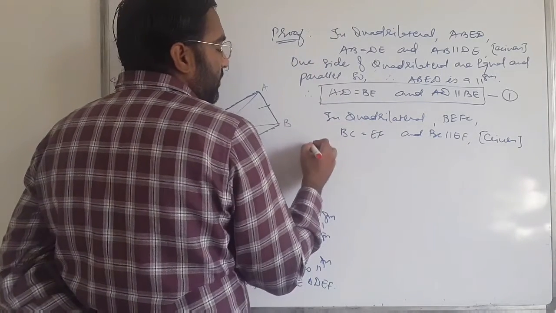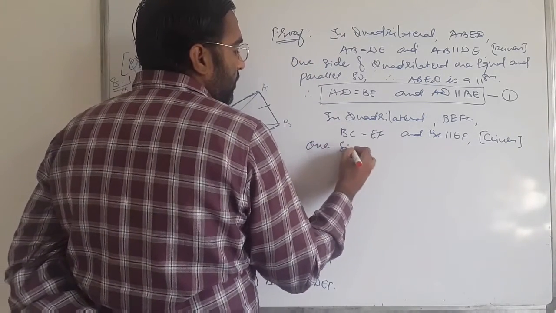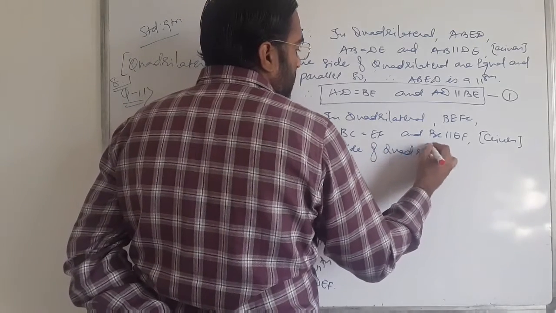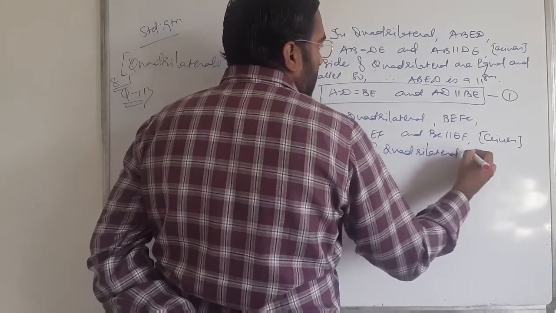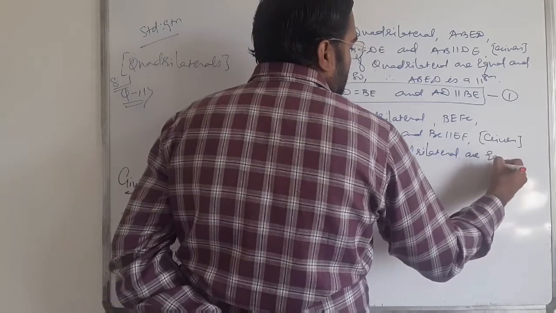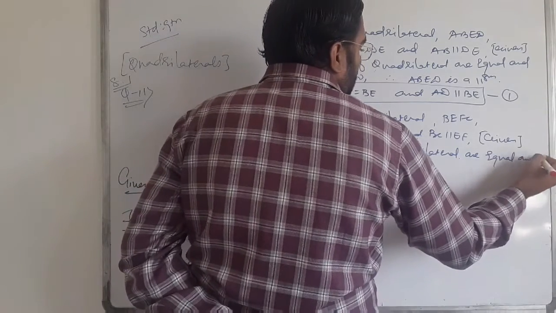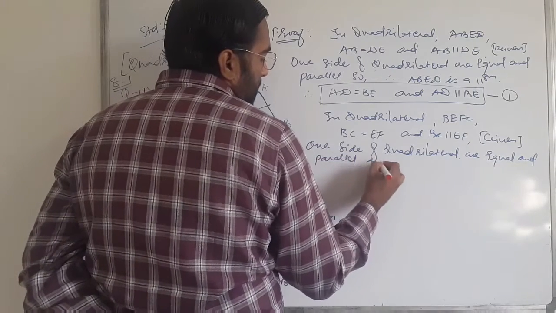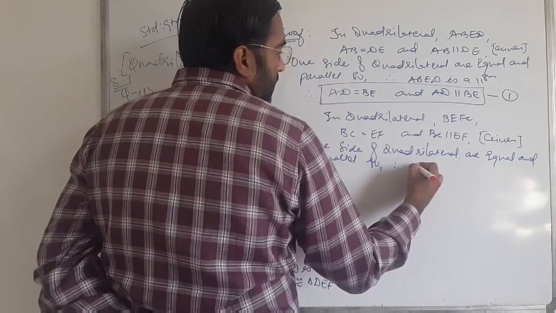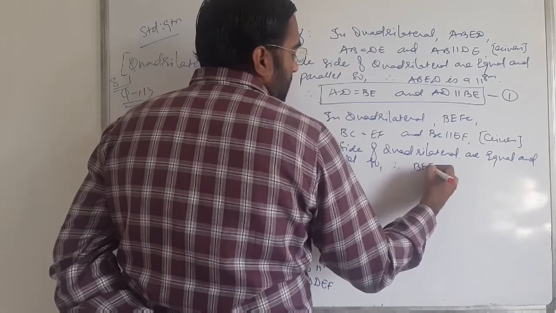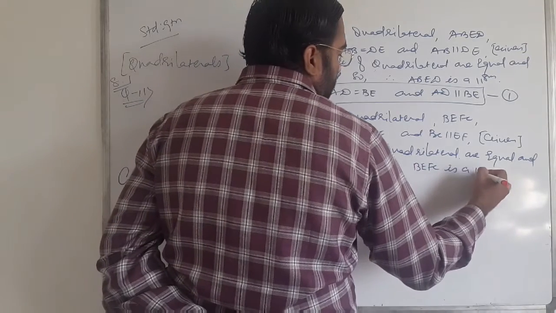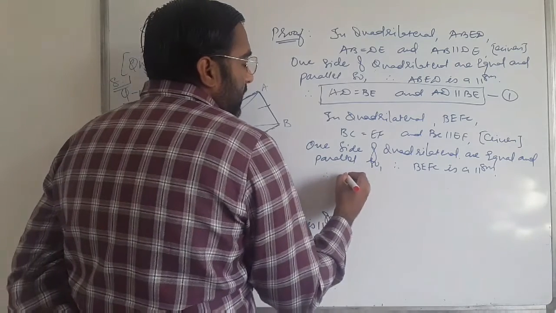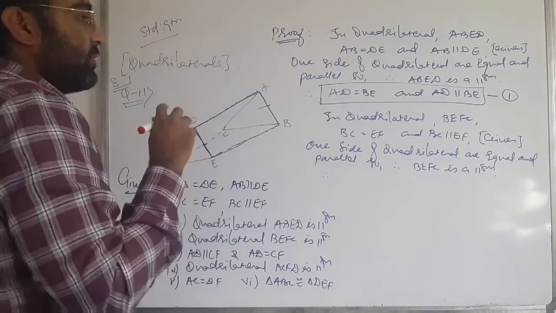So we have to write that one pair of sides of the quadrilateral are equal and parallel. So therefore BEFC is a parallelogram.